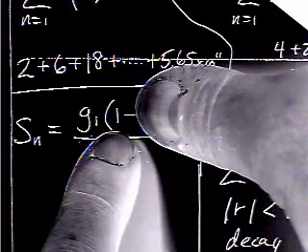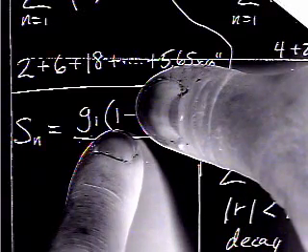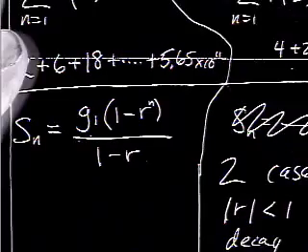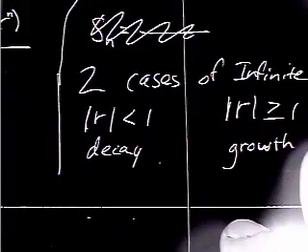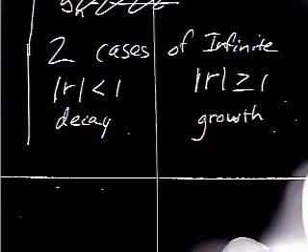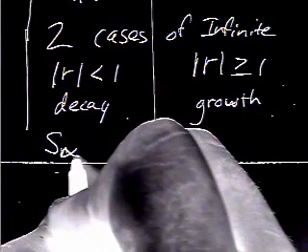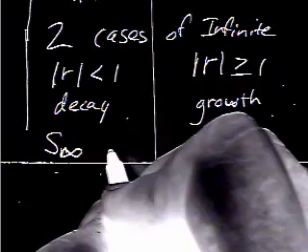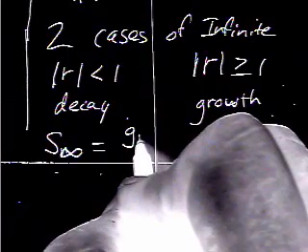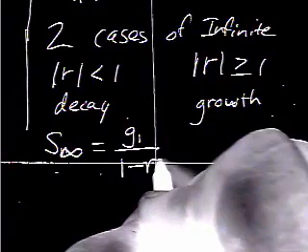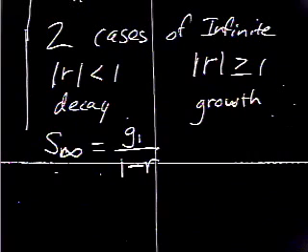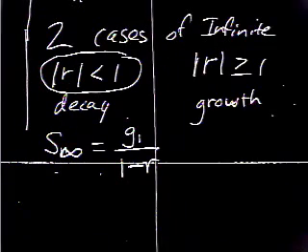And what is g sub 1 times 1? Yes, that's right, g sub 1. So my equation gets really a lot simpler. We have s sub infinity, use the infinity symbol here, equals g sub 1 over 1 minus r. And there's my equation for the infinite case, but it only occurs if that's true.